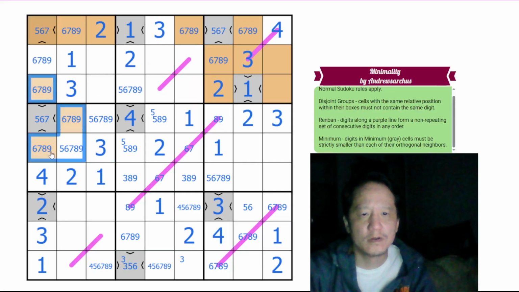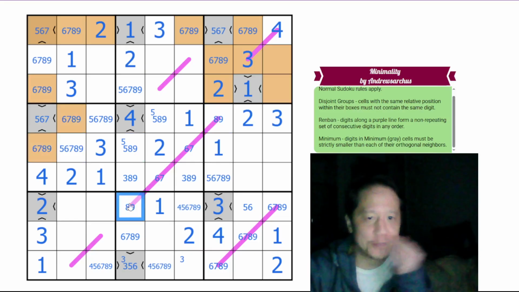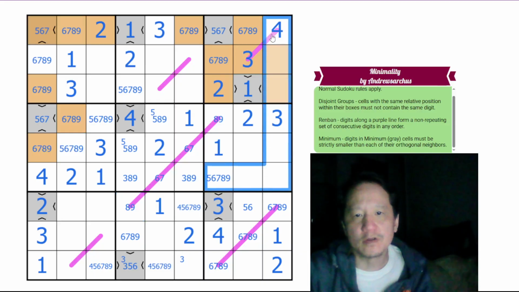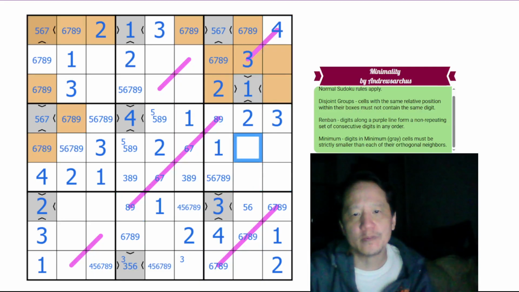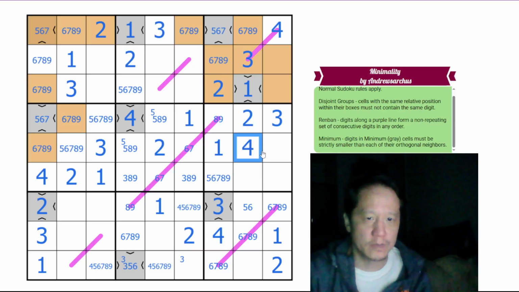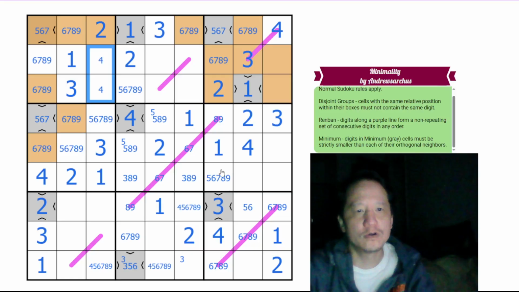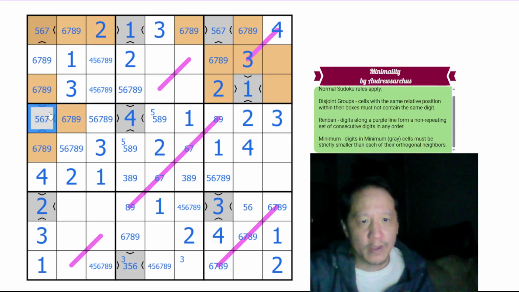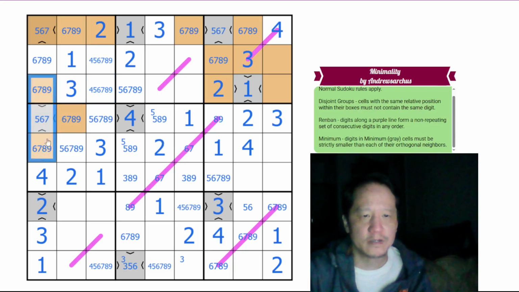Okay. So how did we do this? 4 can't be here and can't be here because of 4 in the column and row, so 4 has to be here. That eliminates, so this is 4, 6, 7, 8, 9, or 5, technically. How did we get this away?